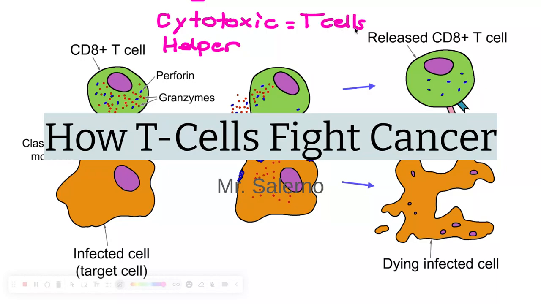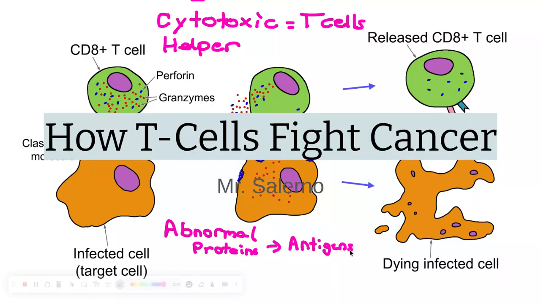First of all, T cells in your body recognize cancer cells by detecting some abnormal proteins. If they detect these abnormal proteins on any cells, they'll attack it. Basically we can say these are antigens.